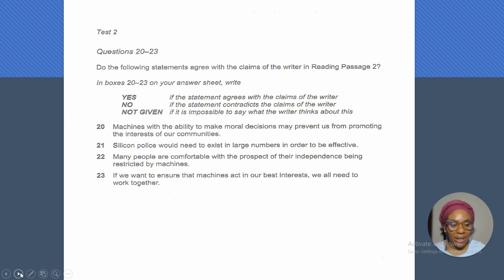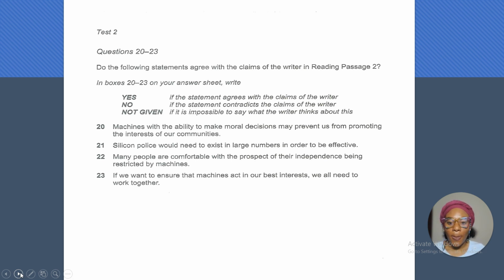Then you go back to the passage and start reading from number 20 while keeping 20 and 21 in mind. It's just the same thing all over again. If you can master these strategies, I promise you, you wouldn't fail any single yes, no, not given or true, false, not given question ever again, unless you're not paying attention.